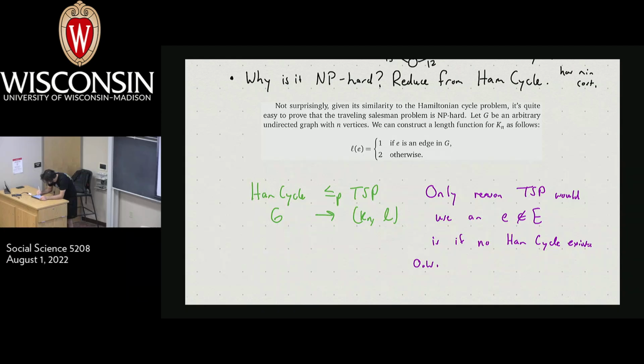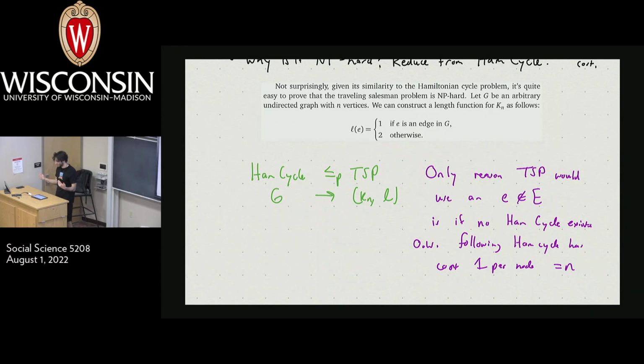Otherwise, following a Ham cycle has cost 1 per node. And since it's a Ham cycle, it hits every node, and so it's exactly n. So if there's a Ham cycle in the original graph, the TSP instance has a TOR of cost n.